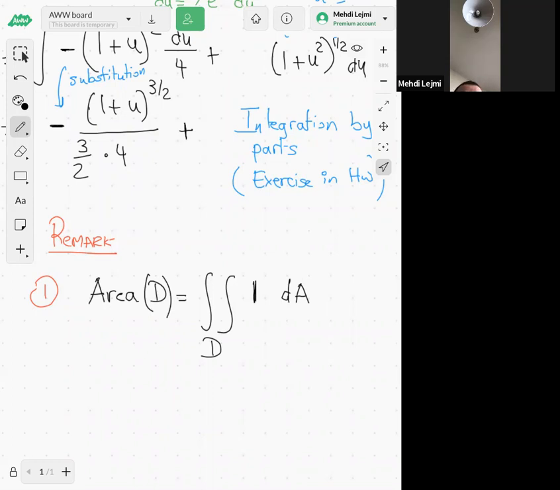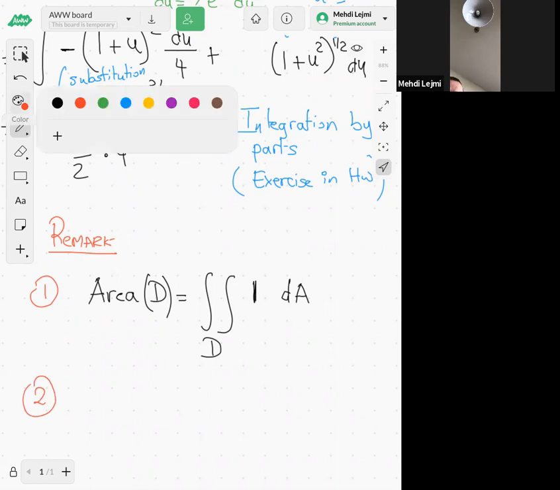The other remark, guys, number 2: I forgot to include this in the first homework, but I will include it in the next homework. Remember I said that for the annulus, it's not an elementary region, but I claim that we can divide it into 4 elementary regions.